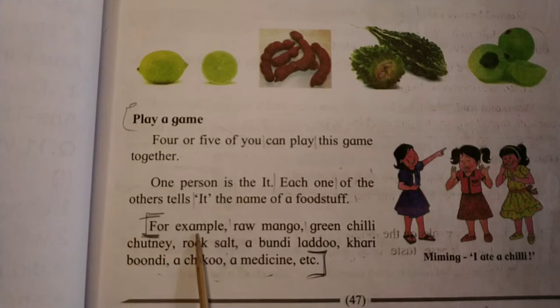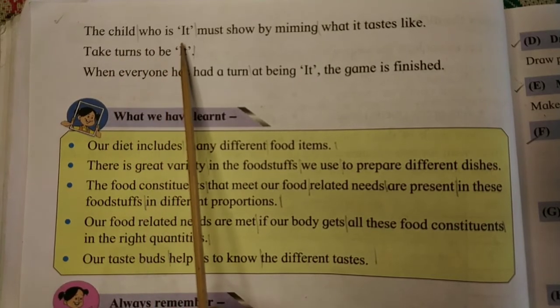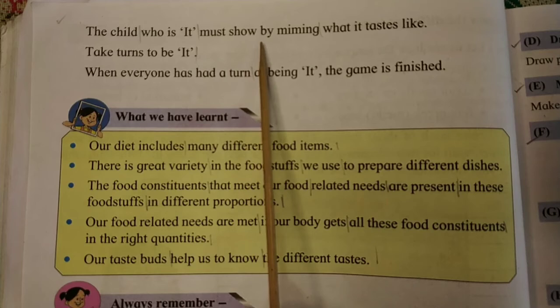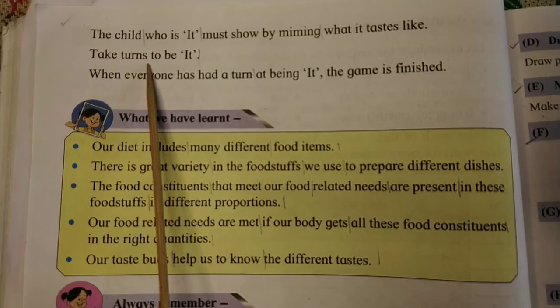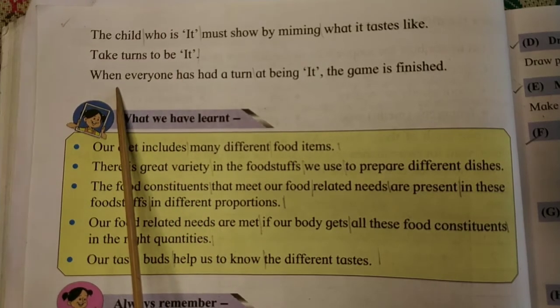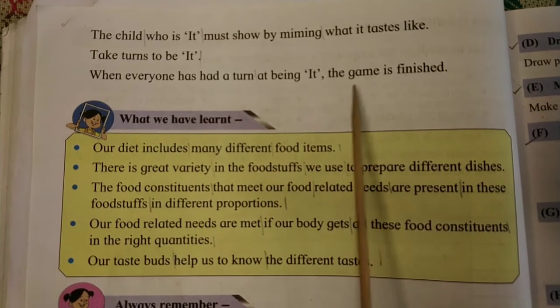For example, raw mango, green chili chutney, rock salt, a bundi ladu, khari bundi, a chiku, a medicine, etc. The child who is it must show by miming what it tastes like. Take turns to be it. When everyone has had a turn at being it, the game is finished.